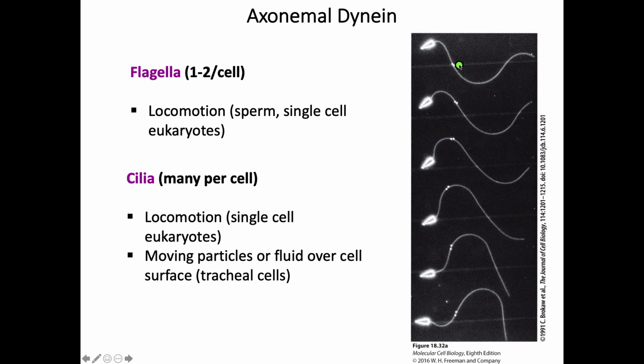The dyneins are attached, and next to each other you can see there are 2 points, and over time you can see how this dynein movement causes a wave-like formation, and this wave propels the sperm forward.